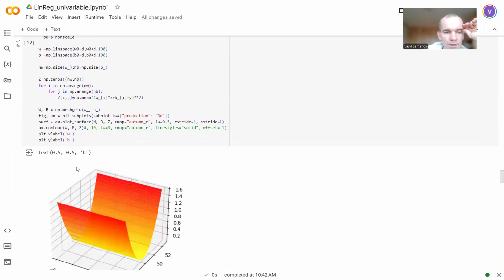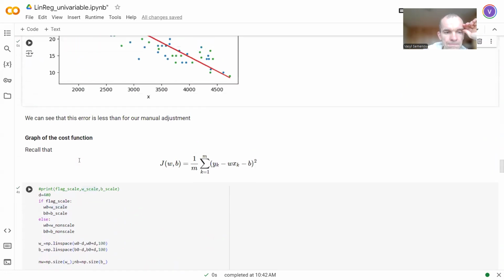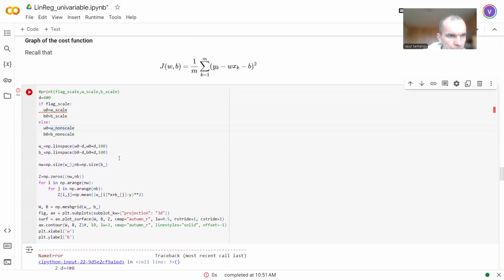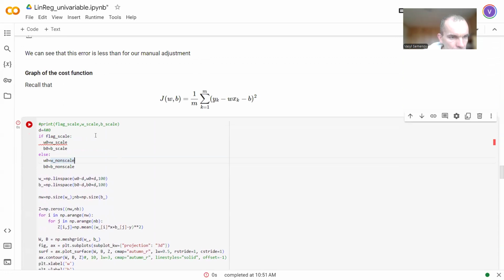And again, here is the graph for the cost function. Something is missing. Okay, I will run the whole thing again. Maybe I missed some of the cells in this Colab document.